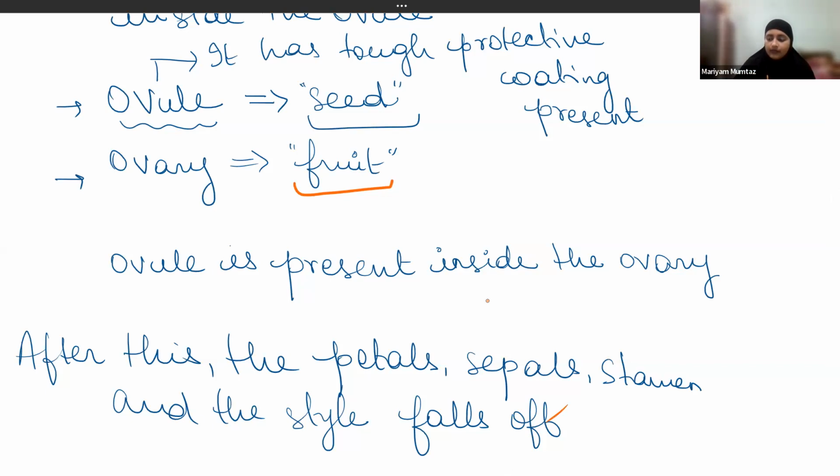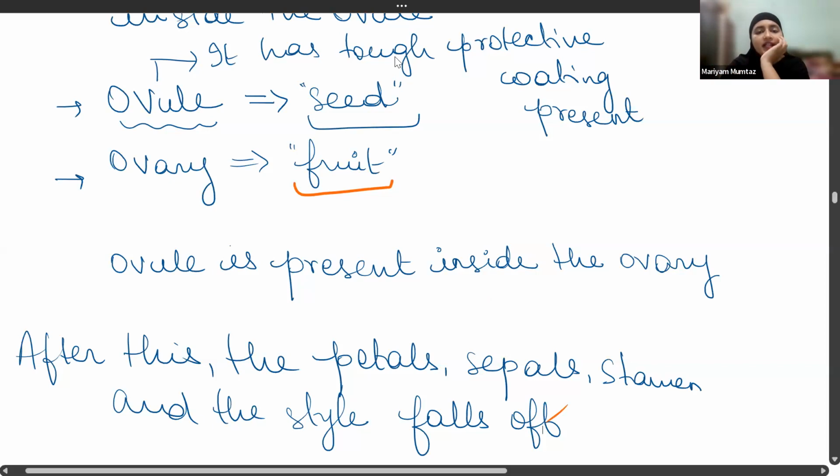Because food is forming. Because fertilization changes. As a result of fertilization changes? Why do they fall off? Anybody else?